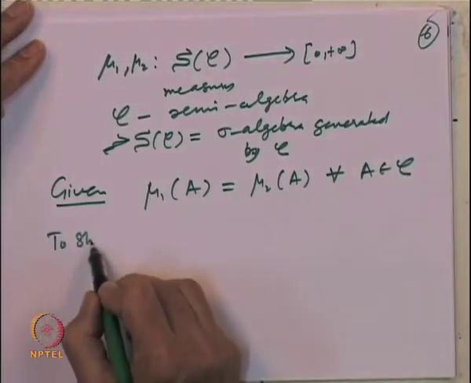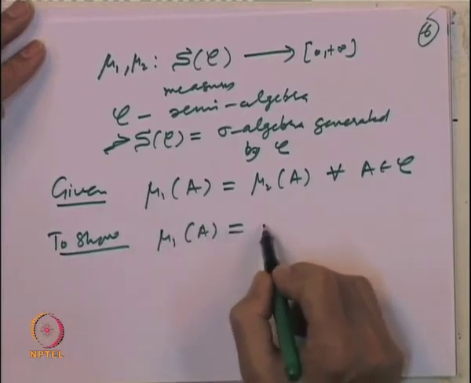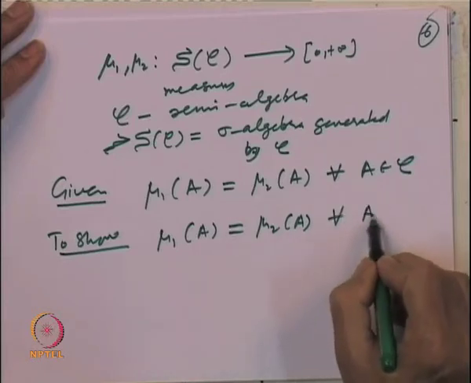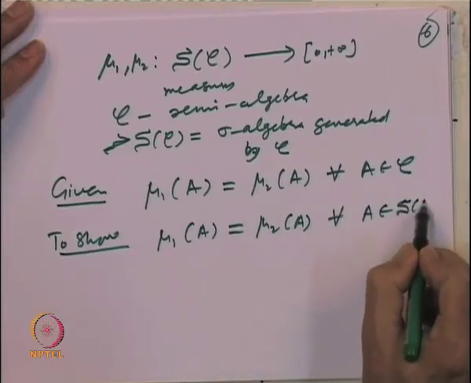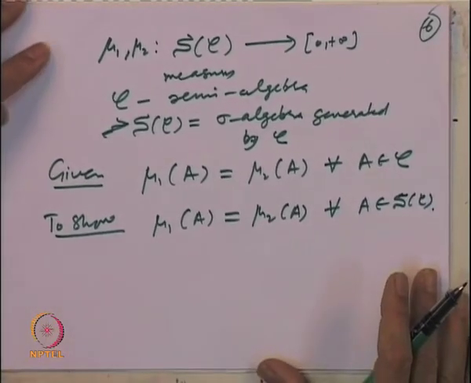To show: mu 1 of A is equal to mu 2 of A for every A in the sigma algebra generated by C. So, this is what we want to show.